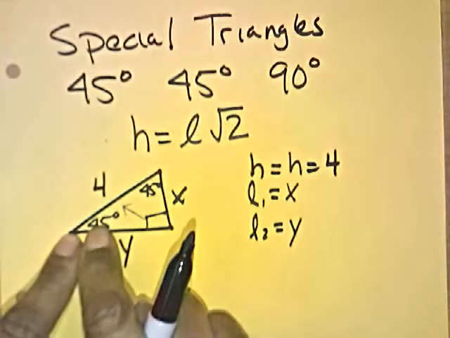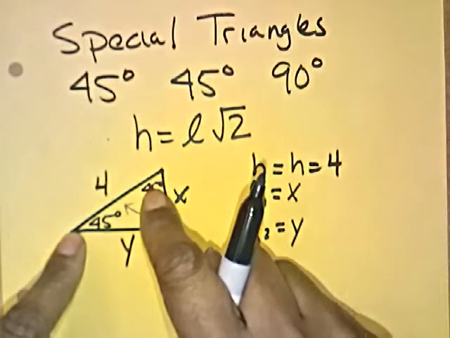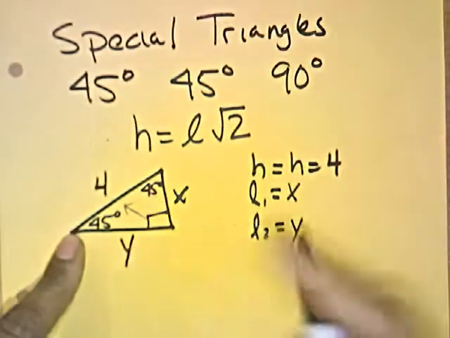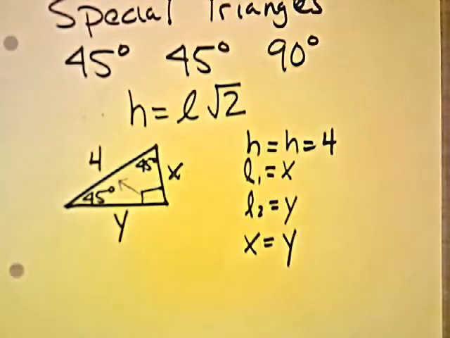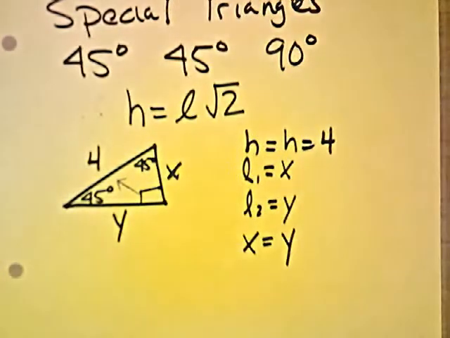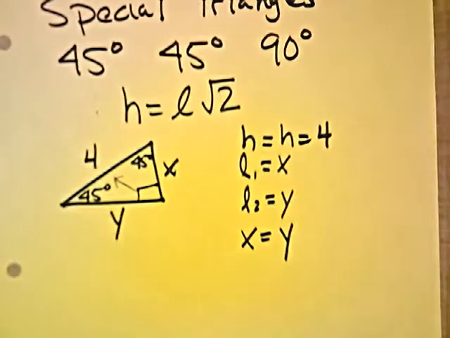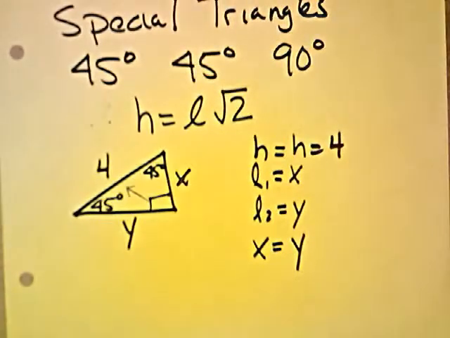Here's the 45 degree angle, it's opposite of x. Here's the 45 degree angle, its opposite is y. So I also know that x is going to equal y. So whichever side I get first, x or y, I know that the other one is the same. Okay? And that's only for 45, 45, 90.